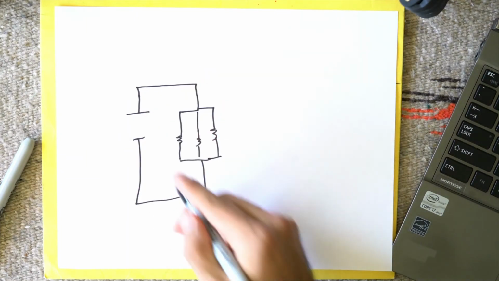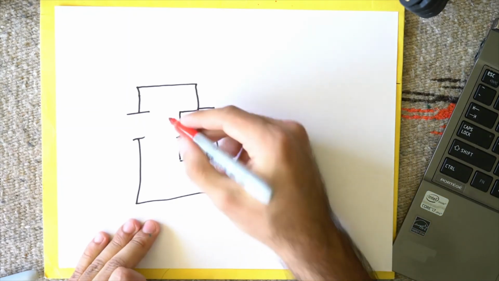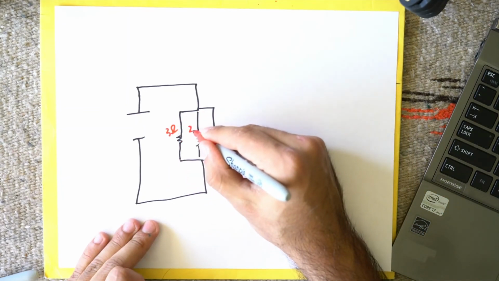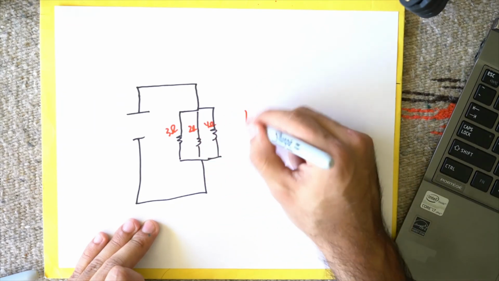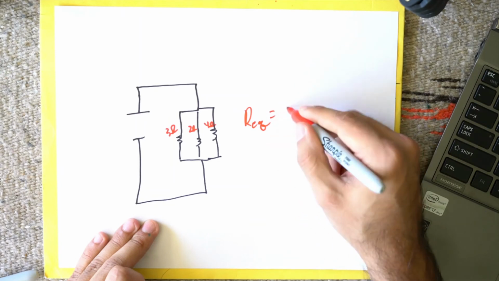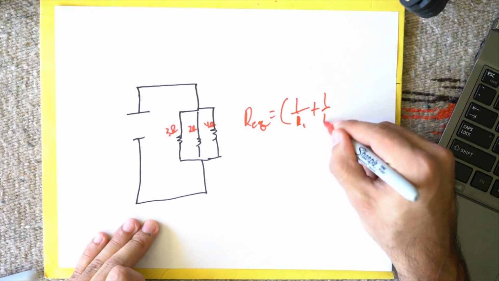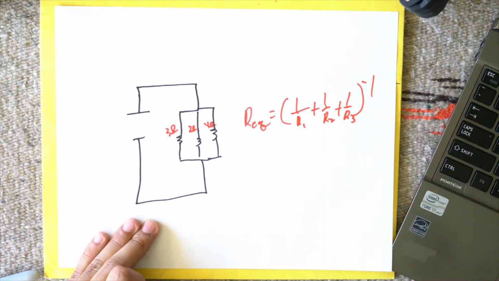That's okay. So let's just get some random numbers: 3 ohms, 2 ohms, and then 4 ohms. So my R equivalent will equal 1 over R1 plus 1 over R2 plus 1 over R3, to the negative 1, of course.